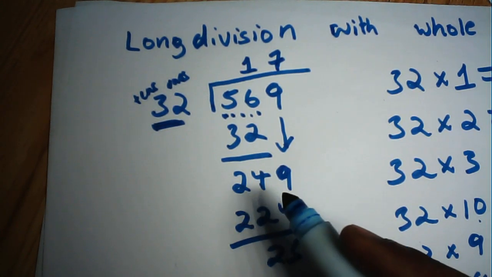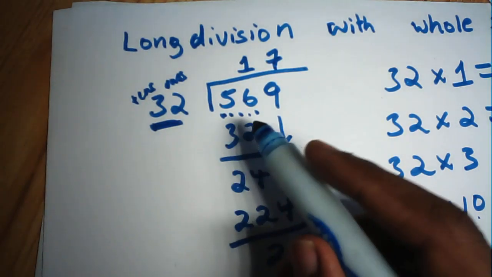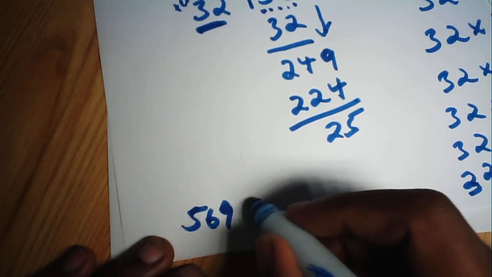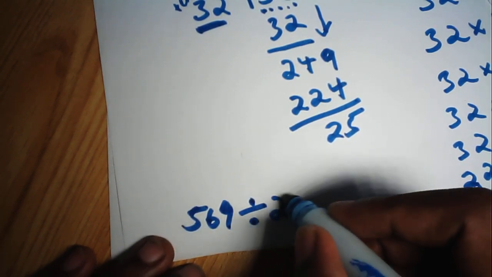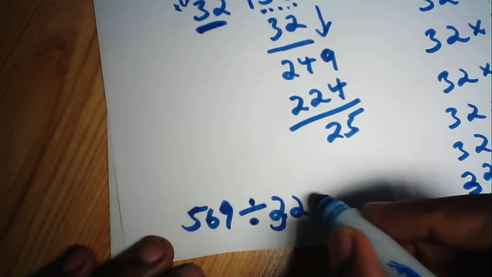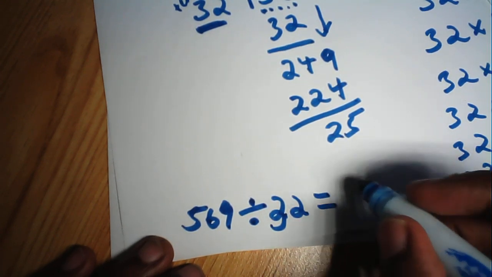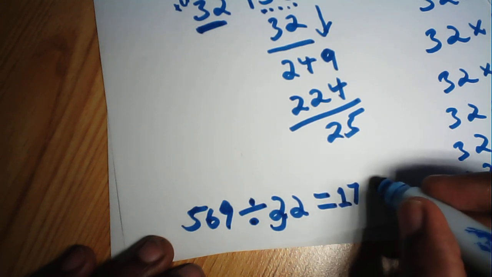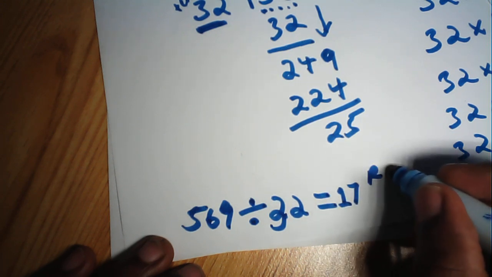So now if I divide 569 by 32, I'm going to end up with 17, remainder 25.